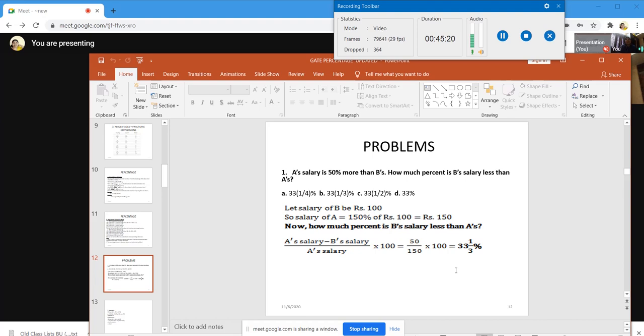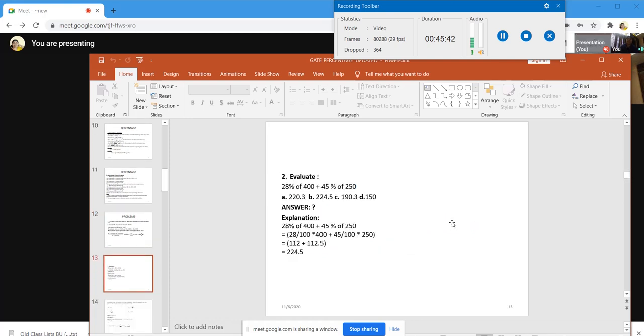Then A's salary is 50% more than B. So what can we write? 150, because we have already taken B as 100. A will be 150. Okay. Now, how much percent is B's salary less than A's is their question. So we can apply the formula A minus B by A into 100. So the answer is 50 by 150 into 100, 33 and 1 by 3%. It's a very simple case.